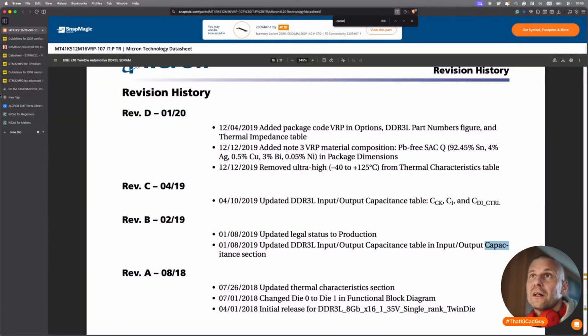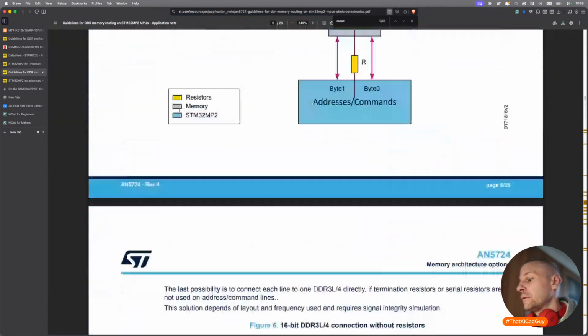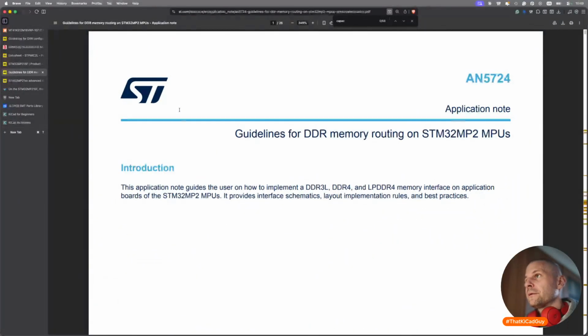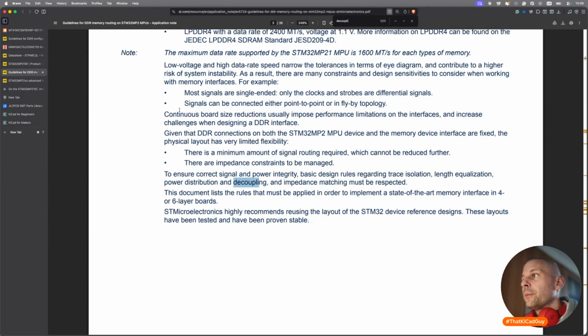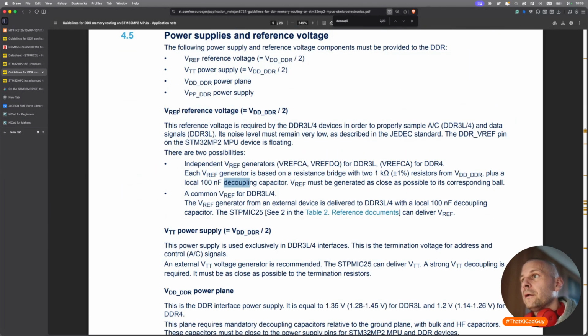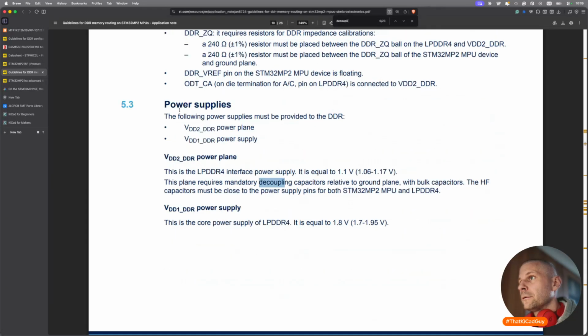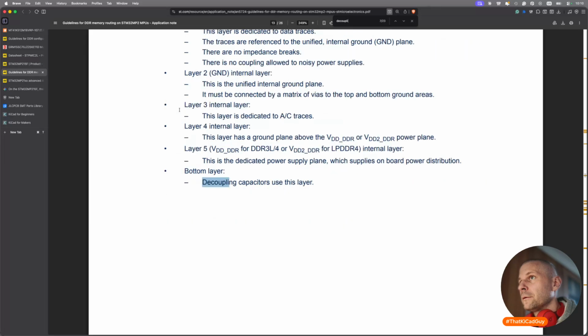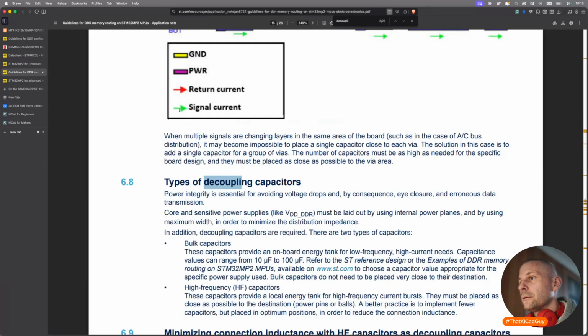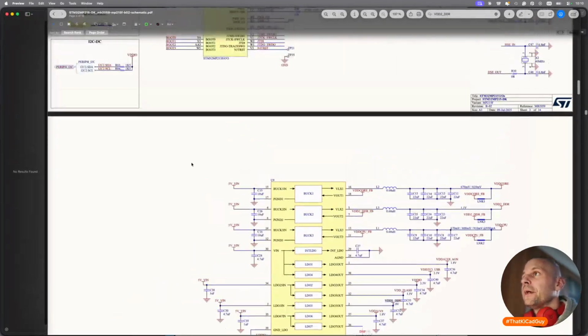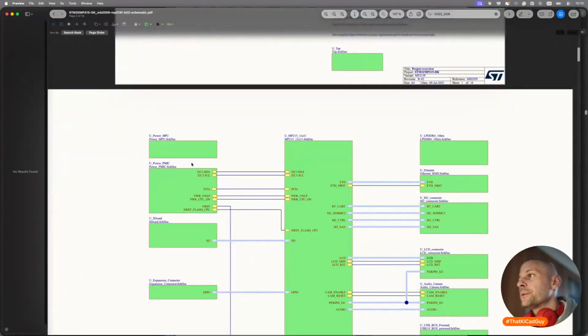That should be in the guidelines for DDR routing. I don't know if it fits there. How many caps do these need?